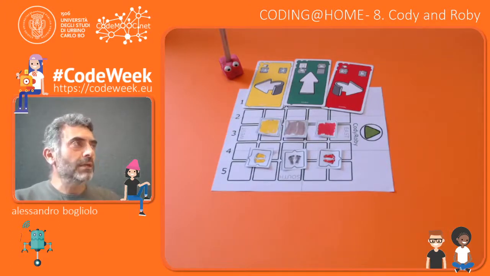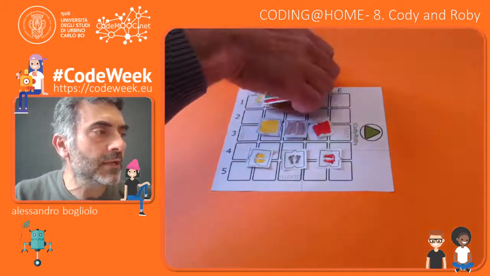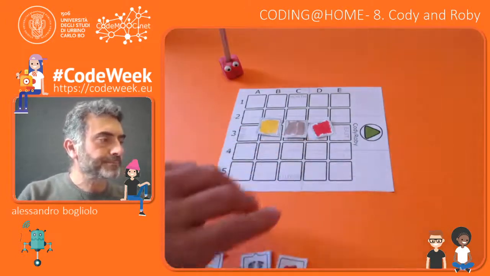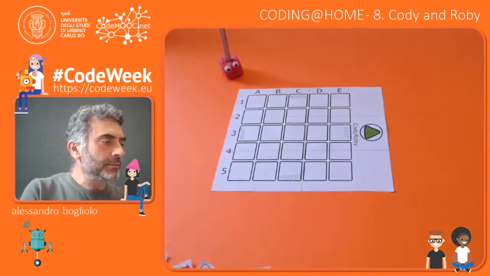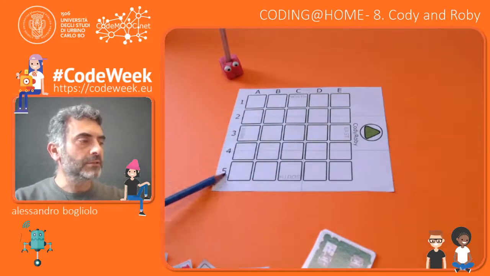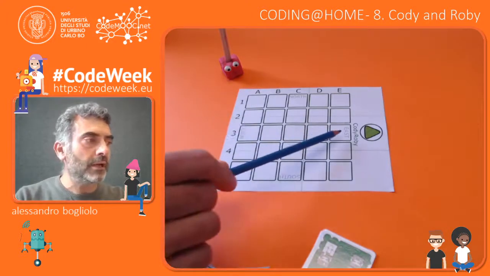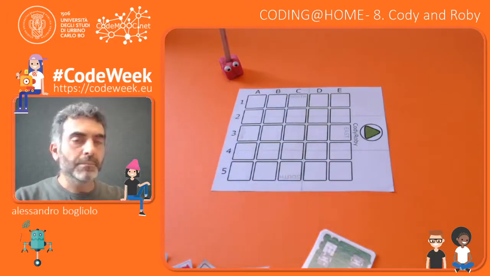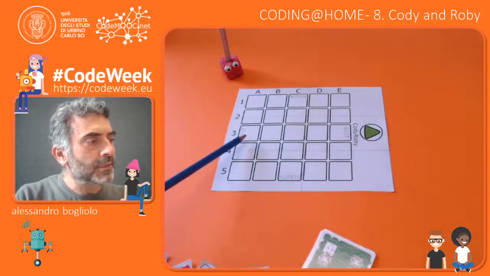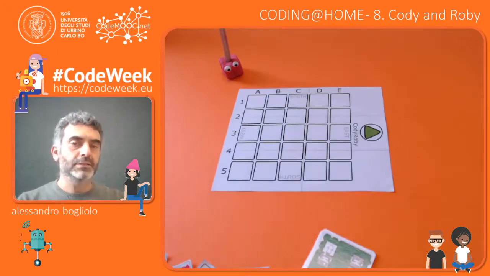Okay? So now that we have the instruction set, I have just to tell you something more about the labels that you find around the checkered board, these words that you can probably read on some of the boxes.